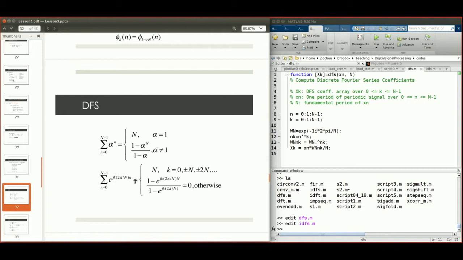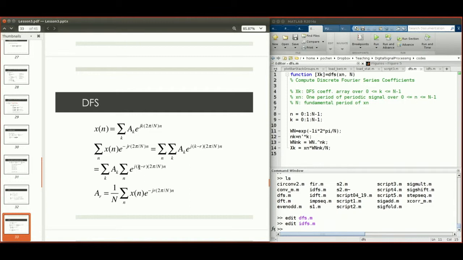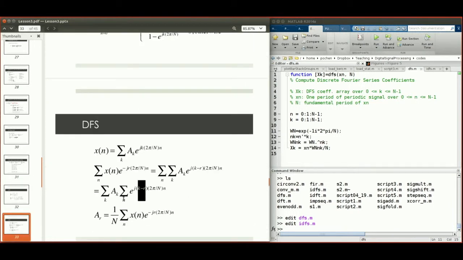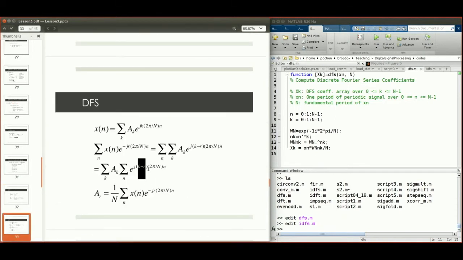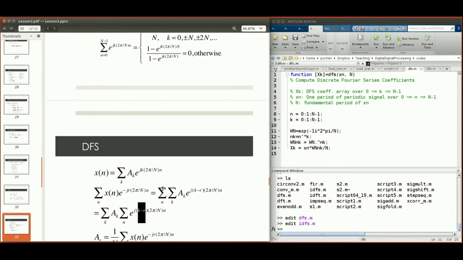But instead of j times k times 2 pi divided by big N times n, the complex exponential now has k subtract r times 2 pi divided by big N times n. It's not k anymore, but it's k subtract r. The summation over n is exactly the same as here, e to the j is the same, 2 pi divided by big N times n is the same, except that k has been replaced by k subtract r.